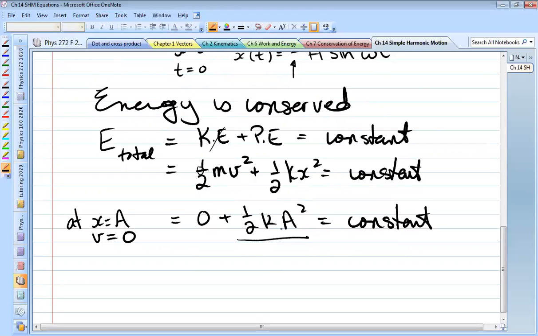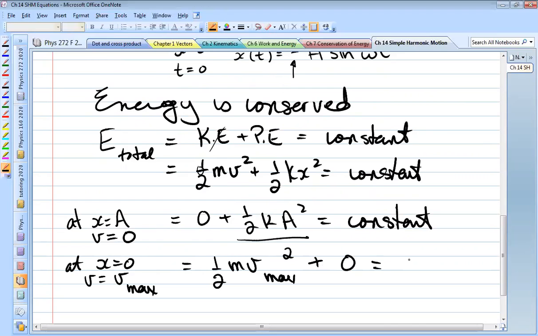If you happen to be going at x equals 0, then you're passing through the middle. This is when you're going the fastest. This is v equals v max. And so now the kinetic energy, 1/2 m v max squared plus 0 would be the same constant. It'd still be 100.